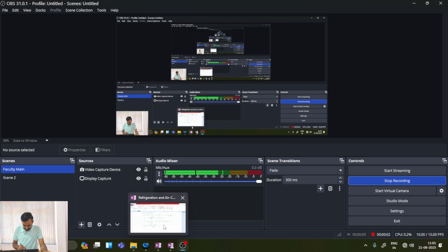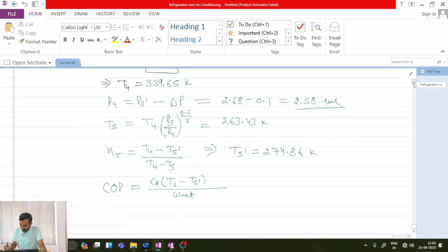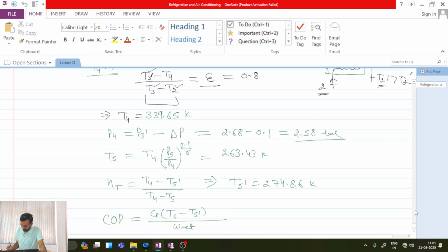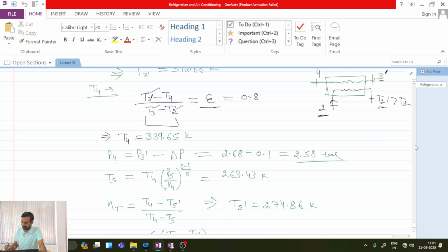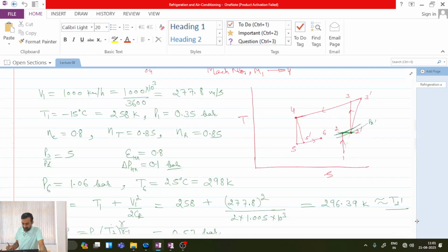Okay, good morning. This is our ninth session, and in the previous session, we started a numerical problem related to a simple aircraft air conditioning cycle. In this, we have six different points, starting from one.